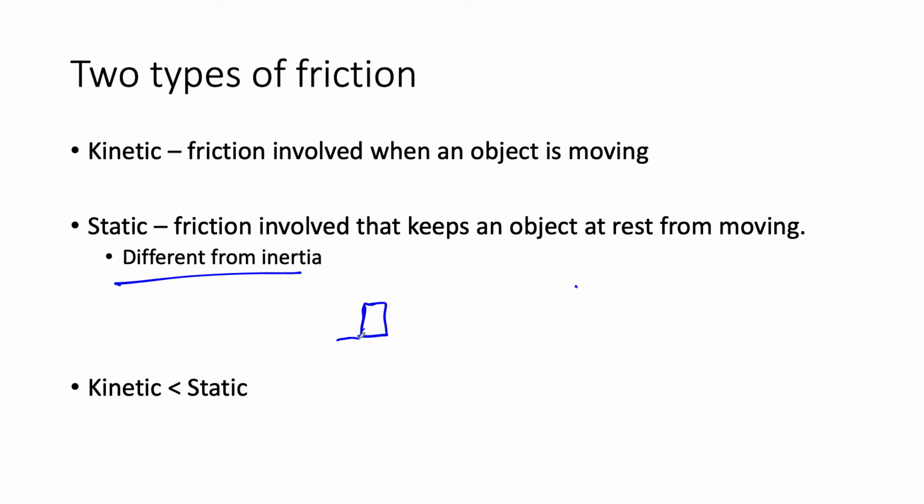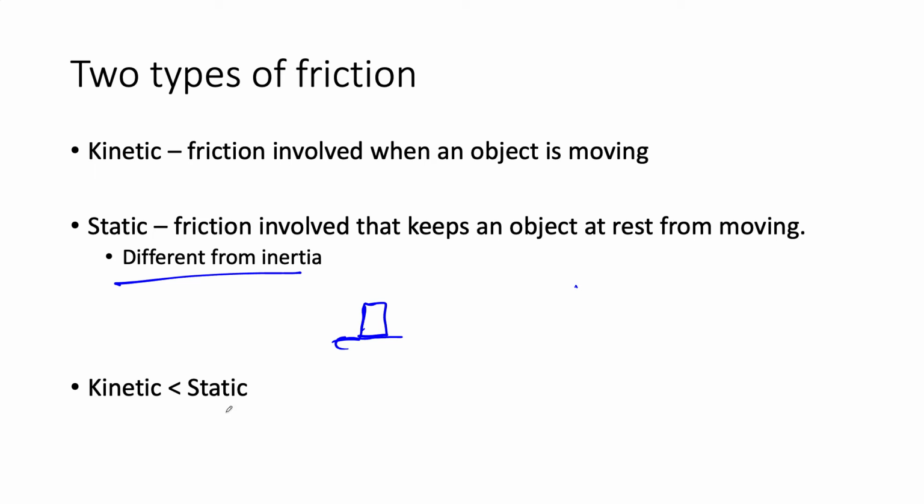Now, if I have that same block on, say, a piece of ice, not only do I have inertia, but I also have friction going opposite the way I'm pushing or pulling, and it won't move.